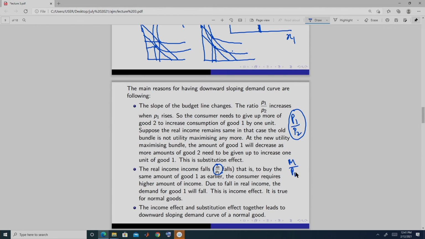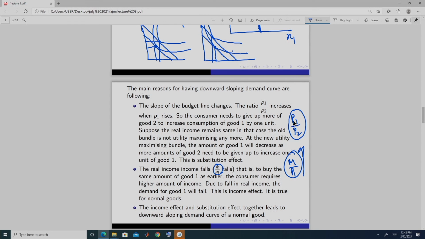Similarly, when the price of good 1 decreases, the demand for good 1 is going to go up, because your real income is actually increasing, so you will demand more of this good.